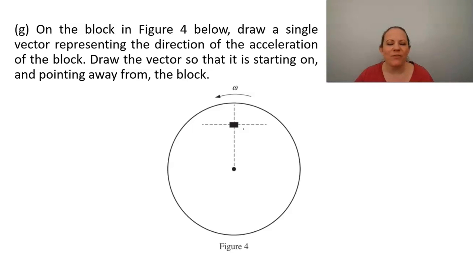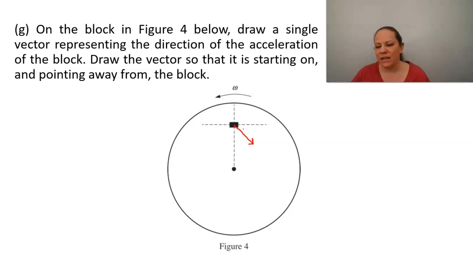All right, and on the block in figure 4 below, draw a single vector representing the direction of the acceleration of the block. Draw the vector so that it is starting on and pointing away from the block. So we have both a tangential component and a radial component of this acceleration, and we're going to end up with an arrow that is down and to the right.